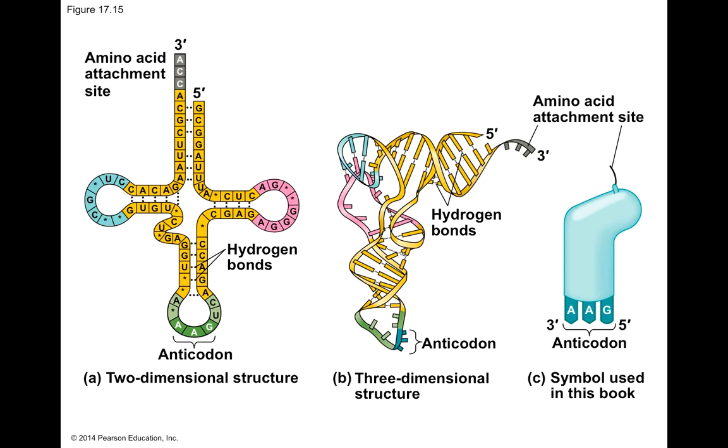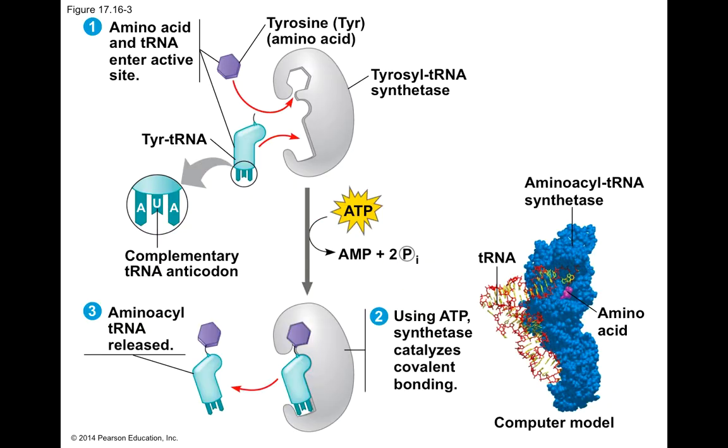Let's take a look. There are enzymes that form the covalent bond between the amino acid and the transfer RNA. Each amino acid-transfer RNA pair has a specific enzyme, but we just generically refer to the enzyme as aminoacyl tRNA synthetase. If you remember from learning about enzymes, the enzyme has an active site that is specific to the substrate being catalyzed.